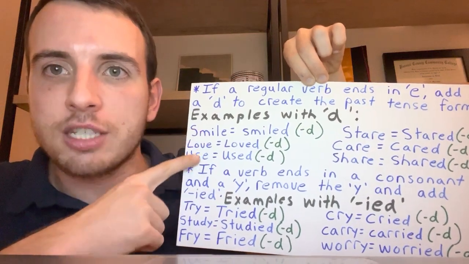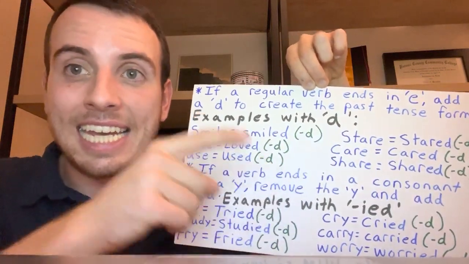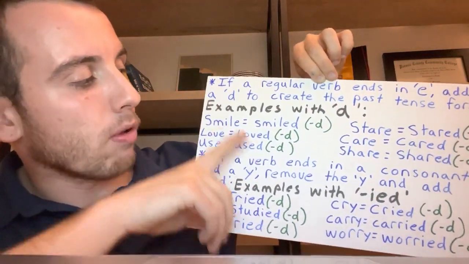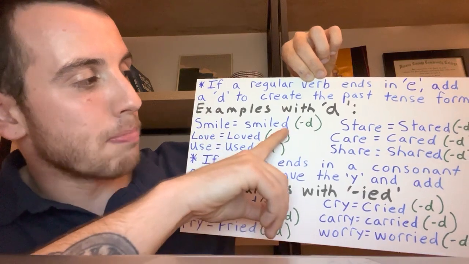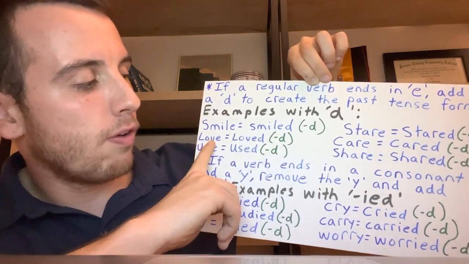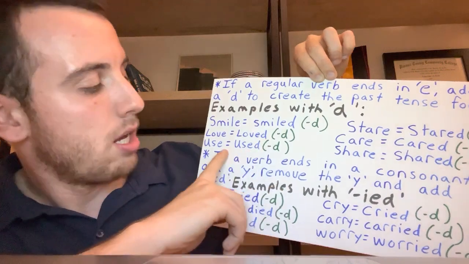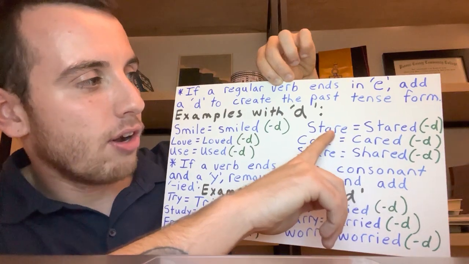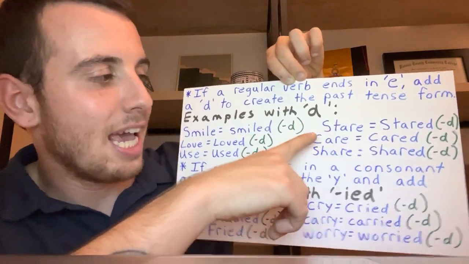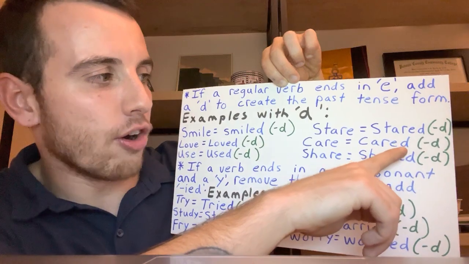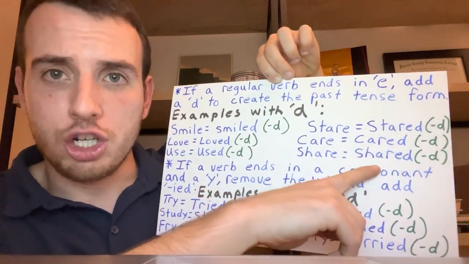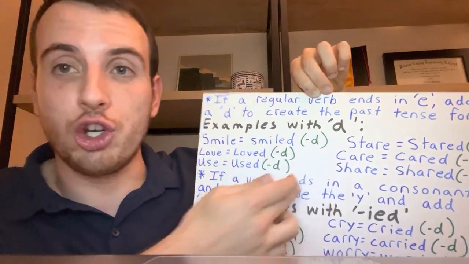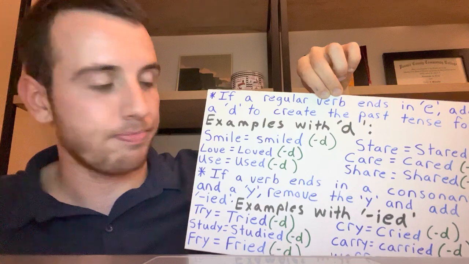So for example, these verbs already end in E, so we only have to add the D. So for example, smile becomes smiled, love becomes loved, use, used, stare, stared, care, cared, share, shared. And if you'll notice with these examples, they all do end in the D sound, duh.